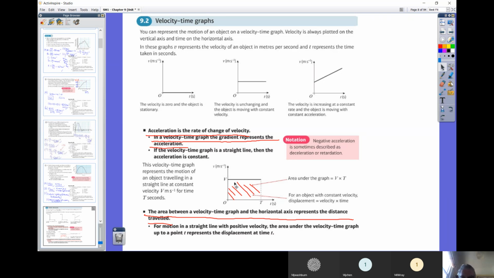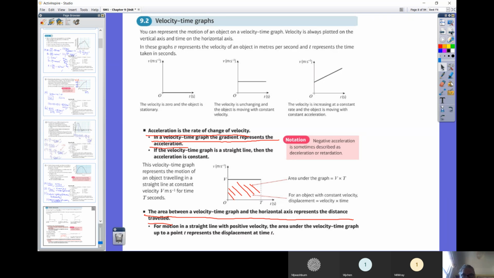This rectangle here on a velocity time graph represents the distance traveled, so you're just going to multiply base by height. They're not difficult, but they're comparatively difficult questions here, where you're going to be asked to work out the area under the line.